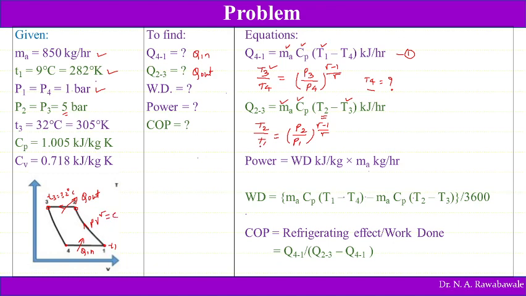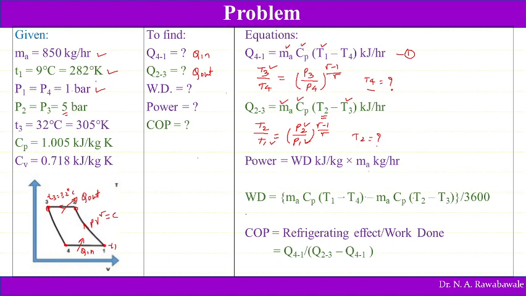We can write T2 divided by T1 is equal to P2 divided by P1 to the power of gamma minus 1 divided by gamma. So now here what we know? We know P2, we know P1, we know T1. Only unknown is T2. So once we know T2, T3 is already known, we can find out Q2 to 3.